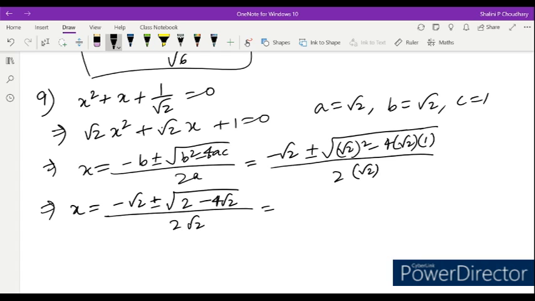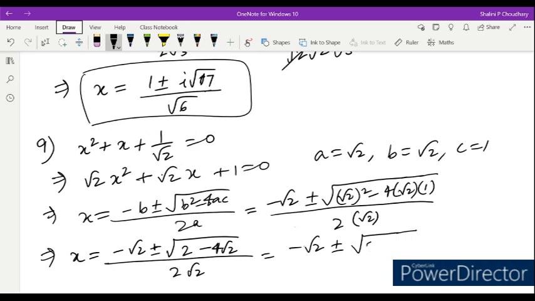Okay, so 4a into c. So it will be minus root 2. We can take root 2 common. Okay, minus root 2 plus minus. Here we can take 2 common. So we'll get 1 minus 2 root 2. Okay, divided by 2 root 2.